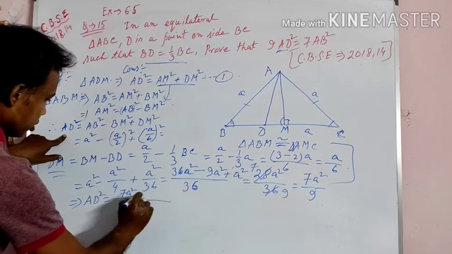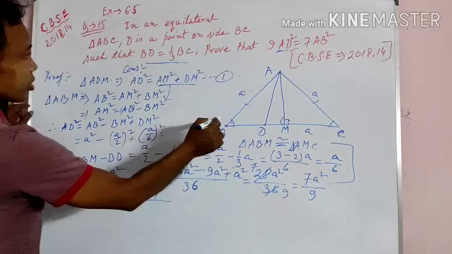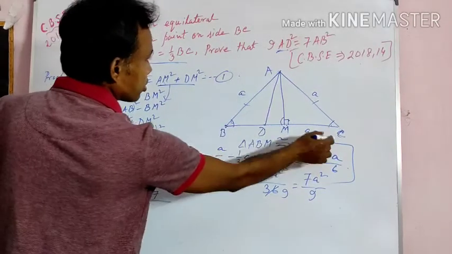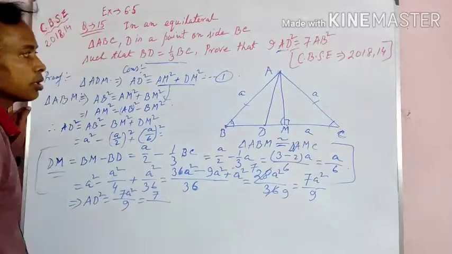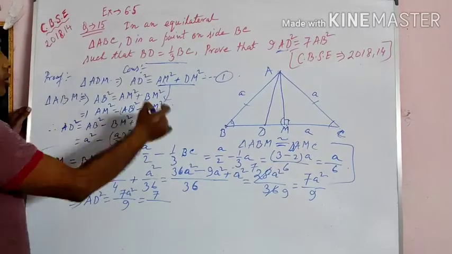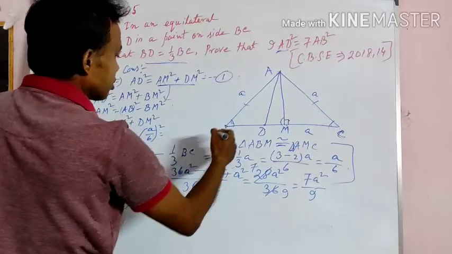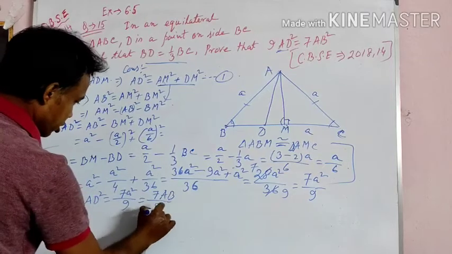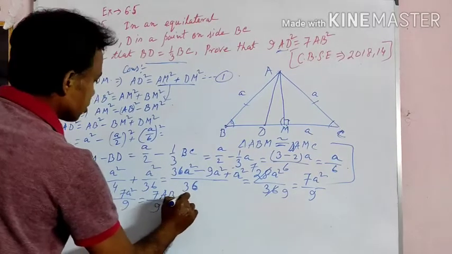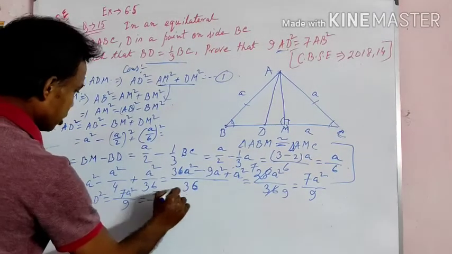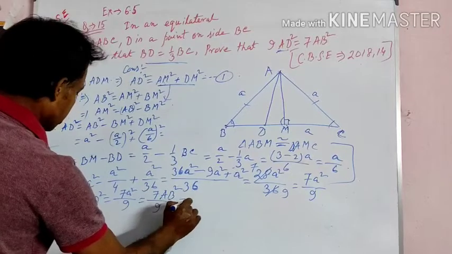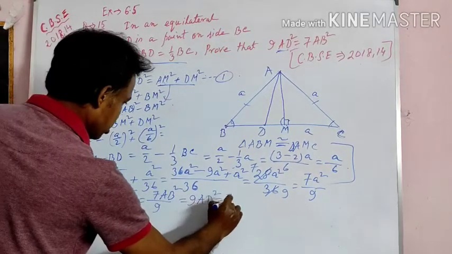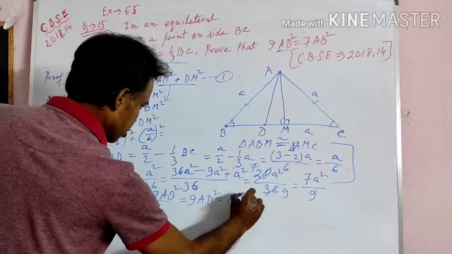We can write AB is equal to A, BC is equal to A, and AC is equal to A. So put the value of A here: suppose we take AB square by 9. So 9 AD square is equal to 7 AB square. Proved.